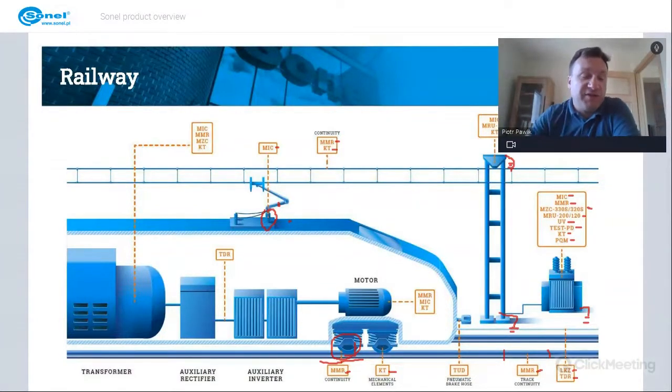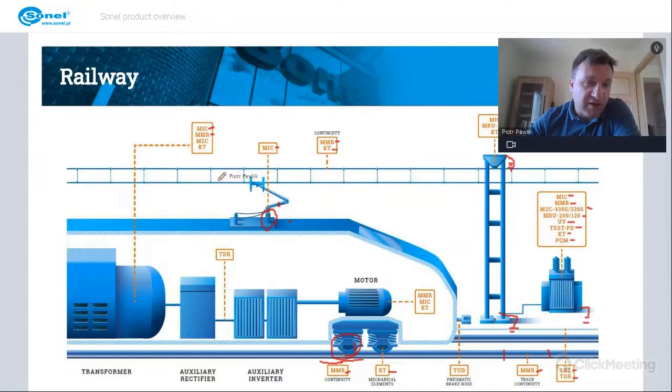Inside train engines, we can find the supply systems for both AC or DC power from the overhead line. So definitely there are inverters, there are rectifiers, and there are some generators. The generators and the transformers, we can check with insulation resistance meters, MIC series. We can check continuity here of the windings using micrometers, as well as continuity of the whole system.